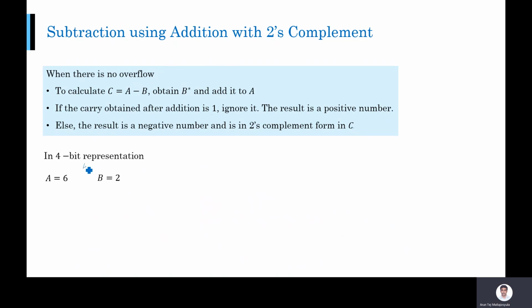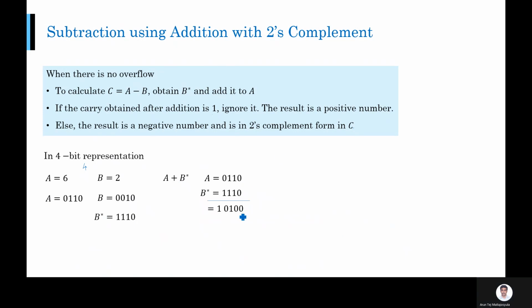Let us take some examples. 6 minus 2 is what we want to do. Your answer has to be 4, right? So 6 is 0110, 2 is 0010. Therefore, the 2's complement of this: I will leave the zeros and the first one, and then complement the others. So I get 1110. That is the 2's complement of B star. I will add these two.